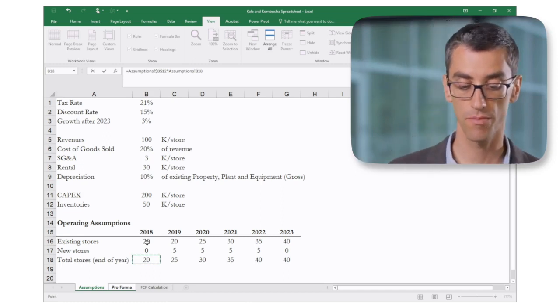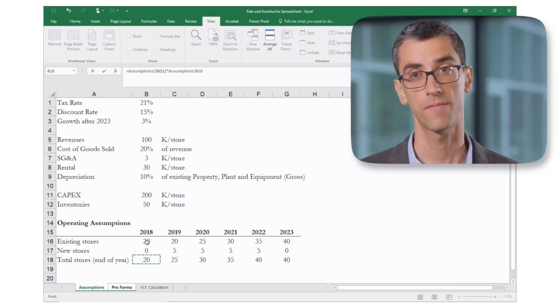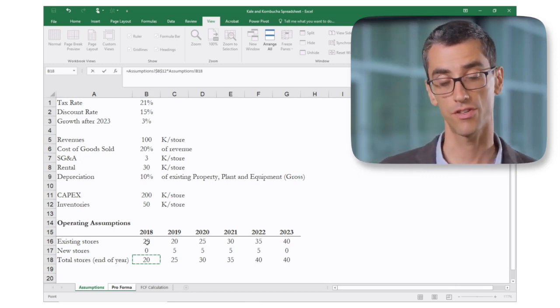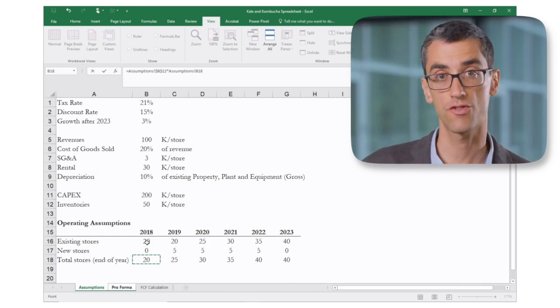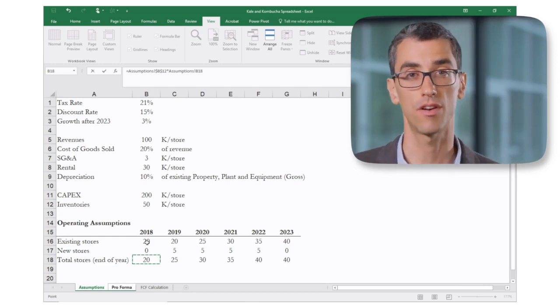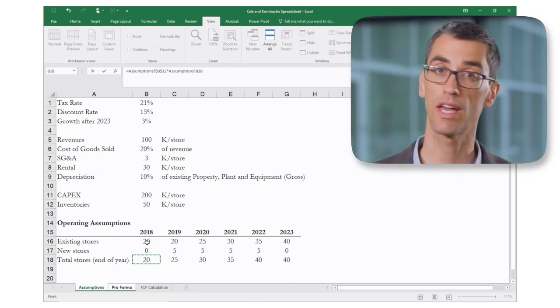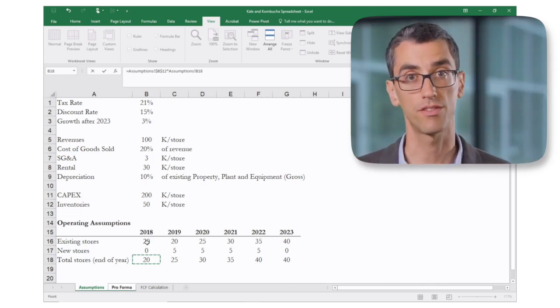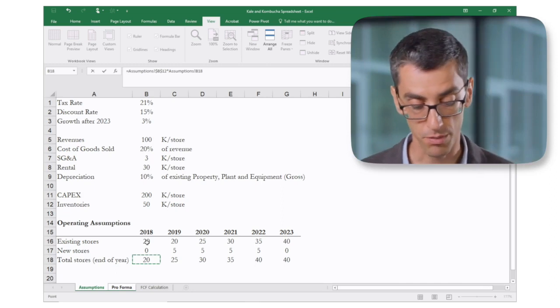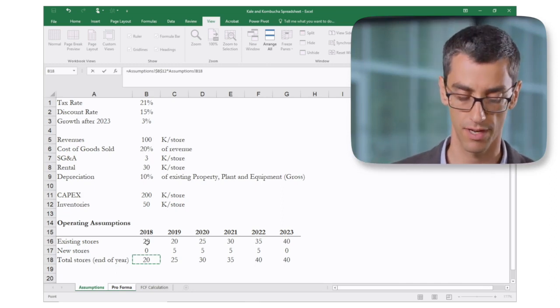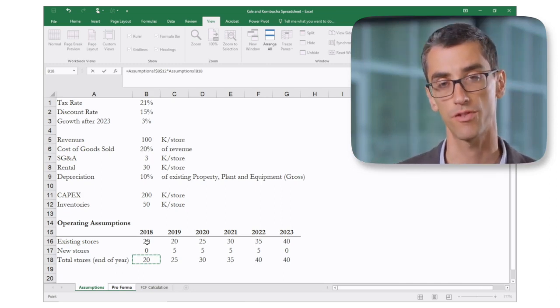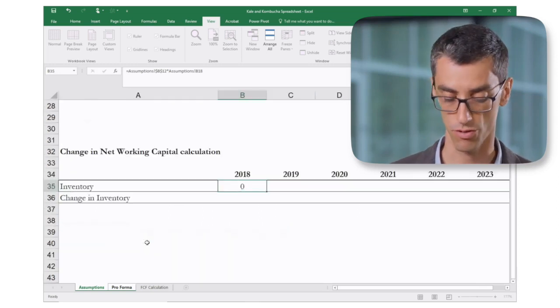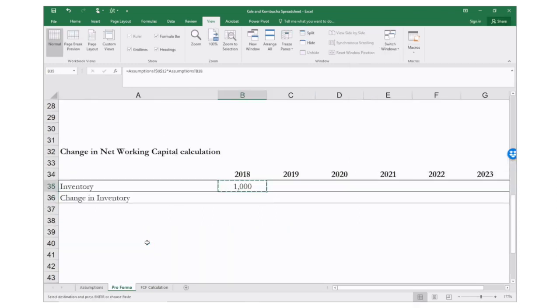That means I want to include those $50,000 for any store that is ready at the end of the year. Think of it as buying all of that inventory to put into the store during the month of December. It has to be ready to go. And so I will multiply the $50,000 of inventory by the total number of stores rather than by the new stores. So this company has $1 million of inventory across all of its 20 stores.